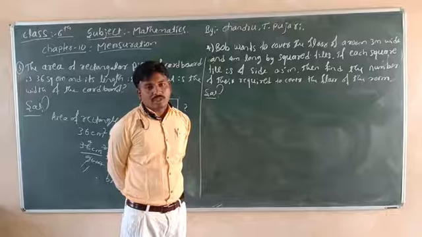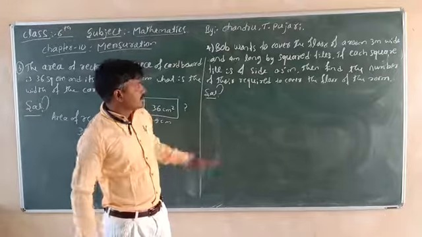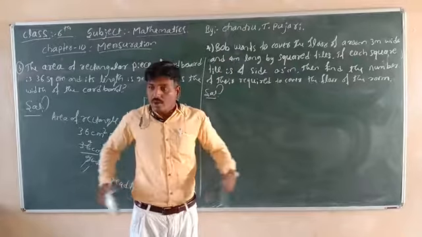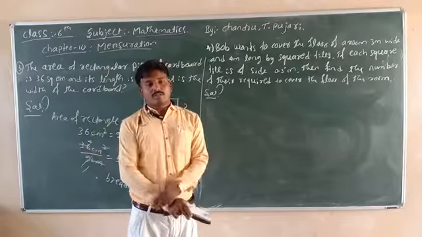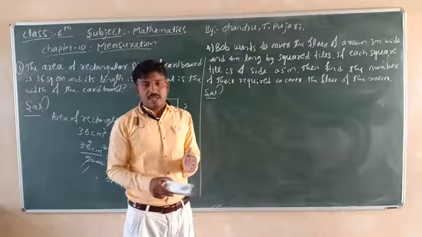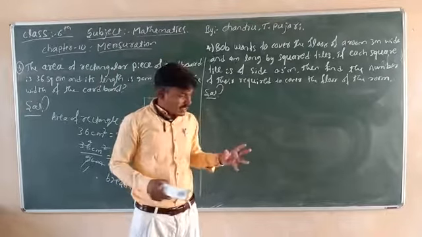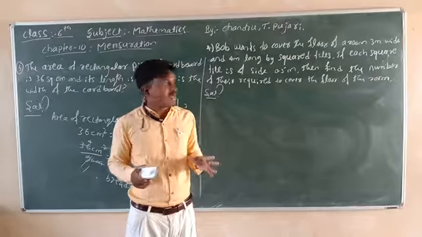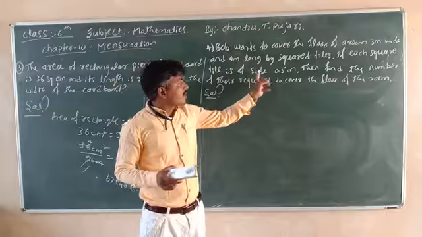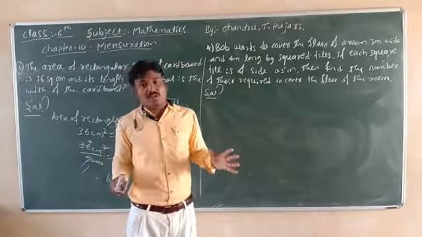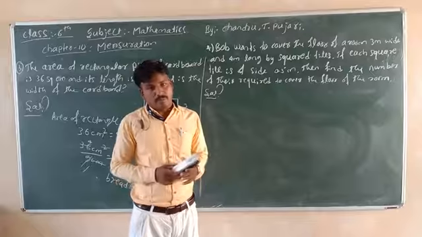Bob wants to cover the whole classroom, which is of rectangular shape. In the rectangular room, he arranges square pieces of tiles. Each square tile's side is 0.5 meter. You can find how many square tiles are required for the given room.